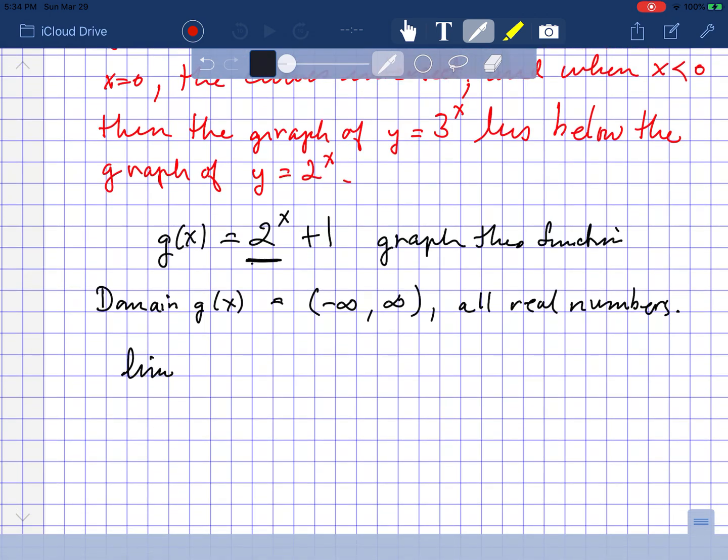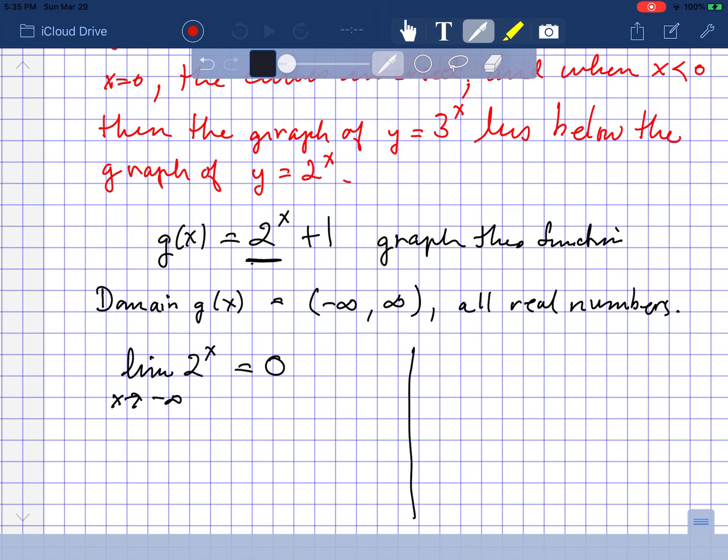Moreover, we know that the limit as x goes to minus infinity of 2 to the x power is equal to 0. This is really important. It tells us that 2 to the x power has an asymptote along the x-axis in the negative x direction.